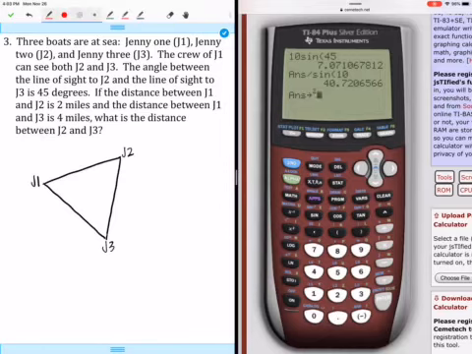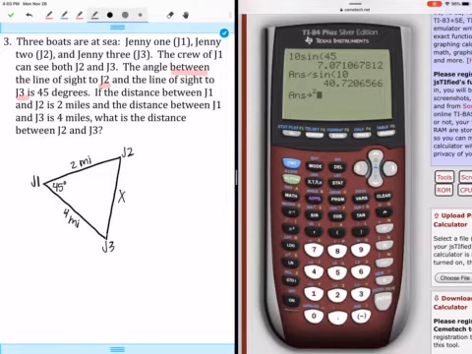The angle between the line of sight to J2 and J3 is 45 degrees, so the angle between these two from the first boat is 45 degrees. If the distance between J1 and J2 is 2 miles, and the distance between J1 and J3 is 4 miles, what is the distance between J2 and J3?